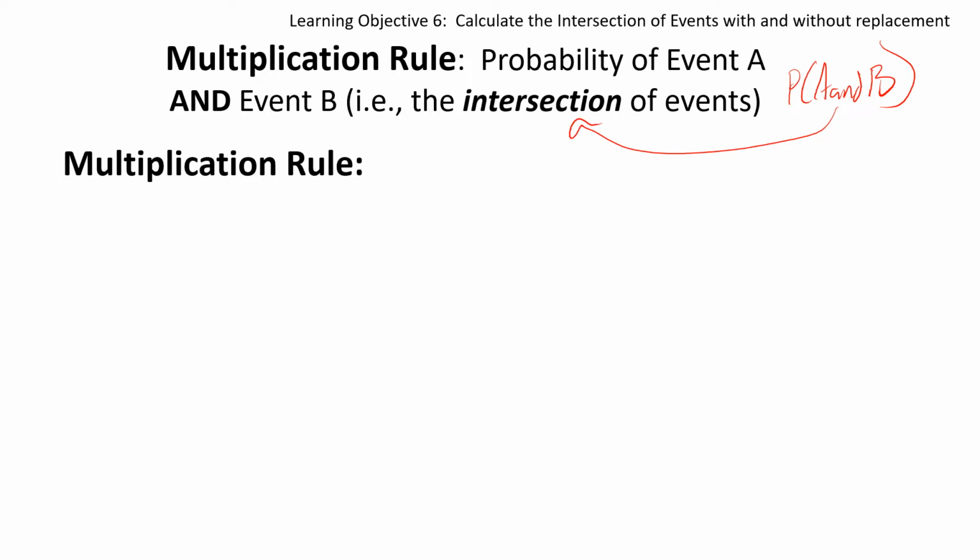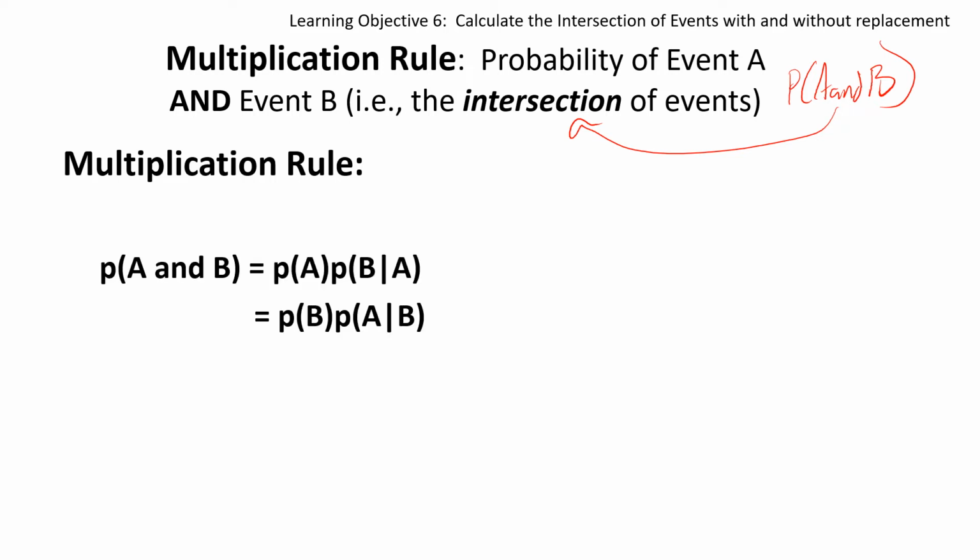But now we're going to look at it in a context that is different than just looking at it as joint probability. Sometimes you can do it simply, as a joint probability, but sometimes it takes a little bit more. So we're going to use the multiplication rule to look at it a little bit deeper, and we're going to look at it with and without replacement, so that's another term we'll be adding.